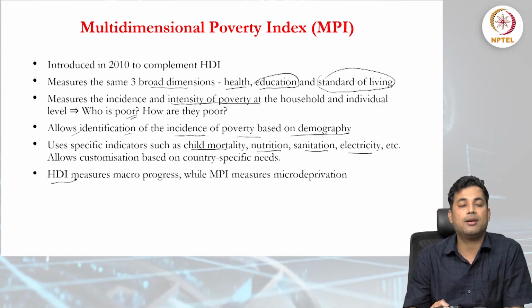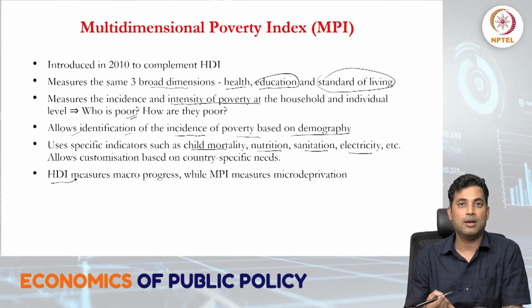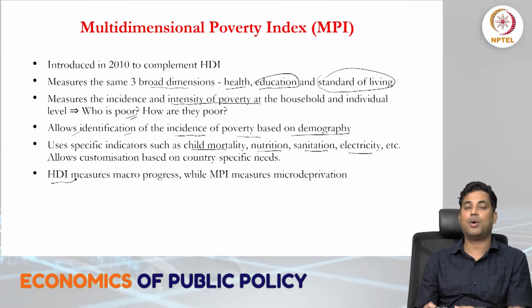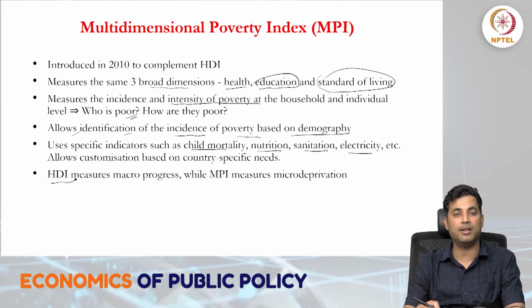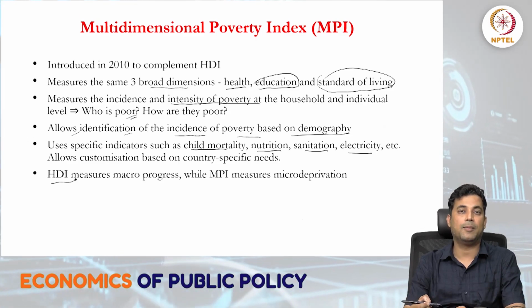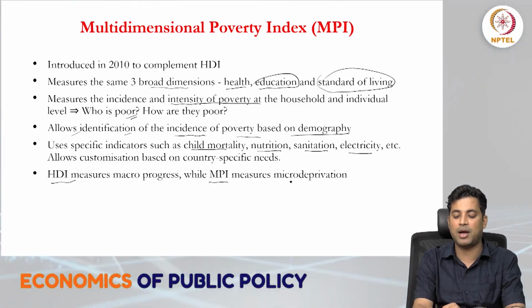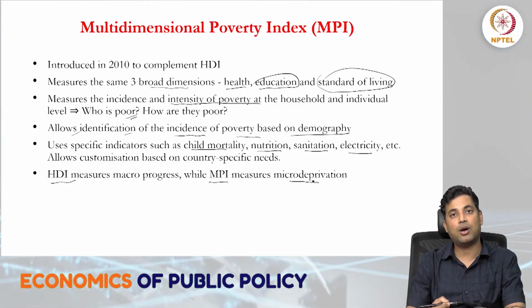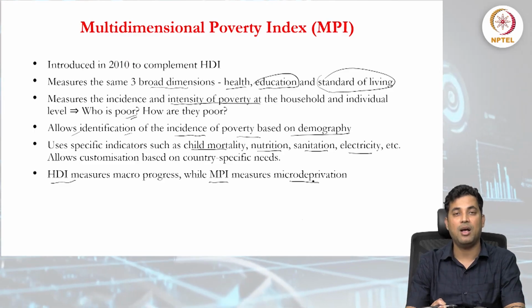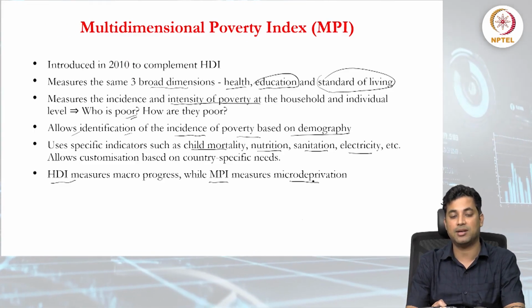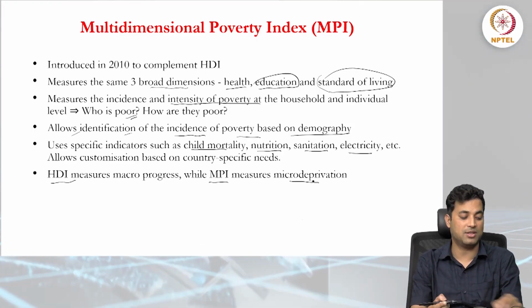Although HDI is a very macro indicator, showing how a nation or state falls within the HDI index parameters, MPI measures micro deprivation. It shows where people are lacking, how they can get out of poverty, and which are the dimensions. So MPI discusses micro deprivations.